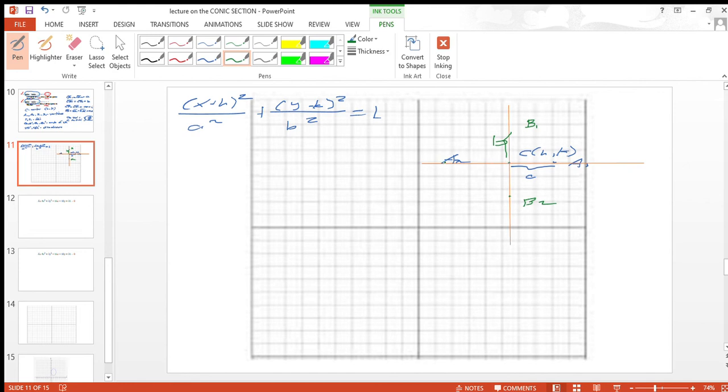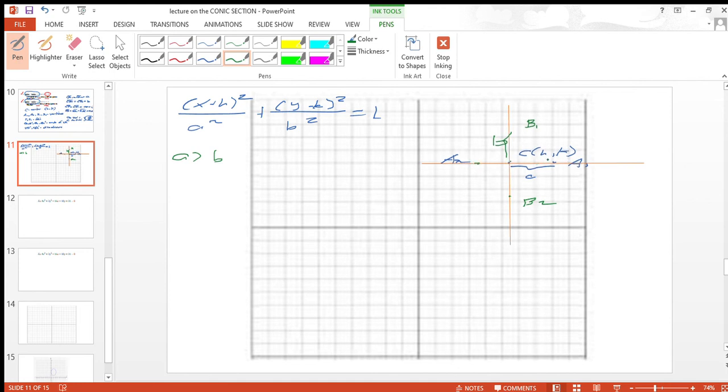So why is it called major axis and minor axis? In the sense that major is longer than the minor. That's why A is always greater than B. And then from there, you have two foci. So foci will always be located on the major axis, and it will always be nearer to the center.